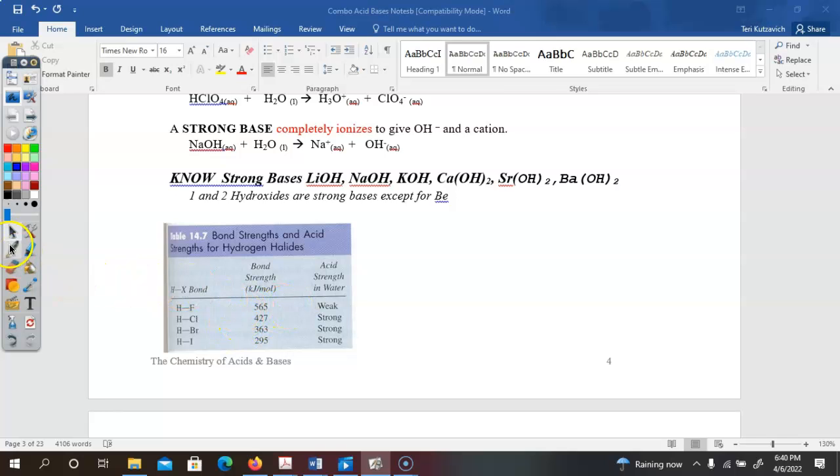What can you conclude about what acids want to do? Acids want to lose their protons, right? Lose their H+. Look at the strength of this bond. It's strong. Is it going to be easy to lose this hydrogen off of this HF bond?